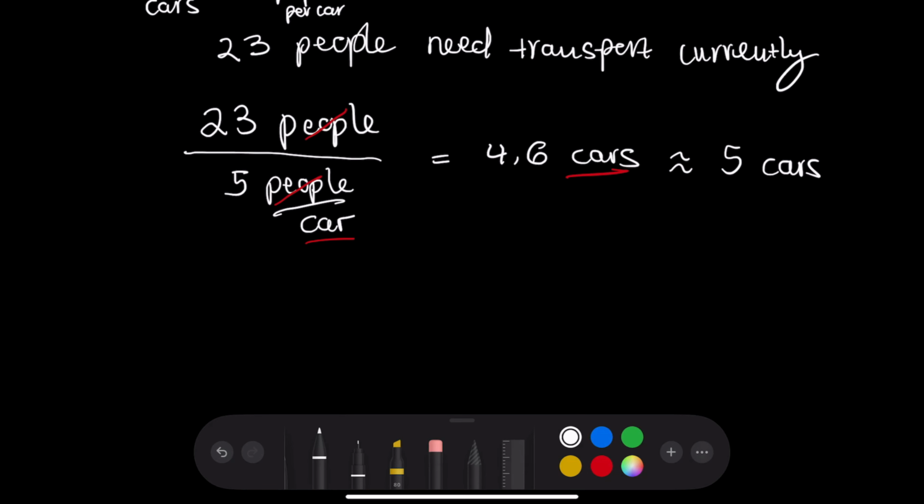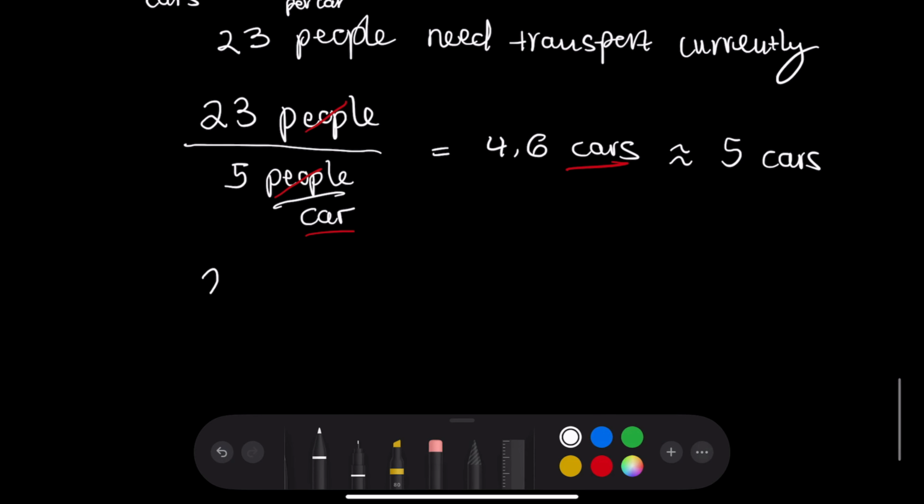The reason I'm saying it like this is, say for example, I actually needed to accommodate 22 people instead of 23.